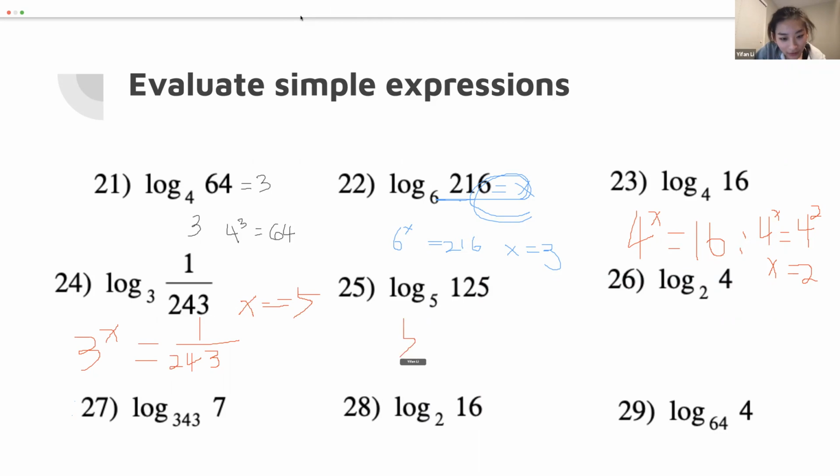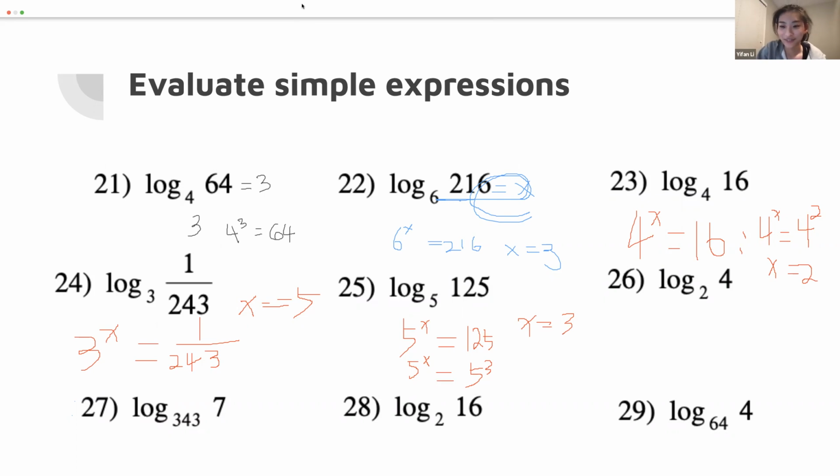So 5 to the power of x equal to 125, and 5 to the x equals 5 to the power of 3, and x equals 3.